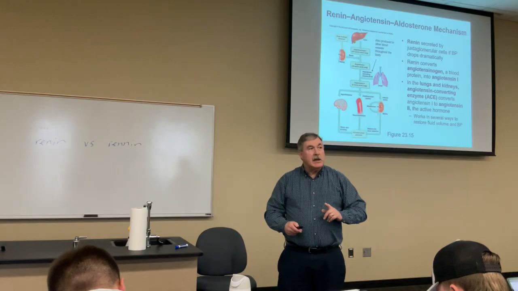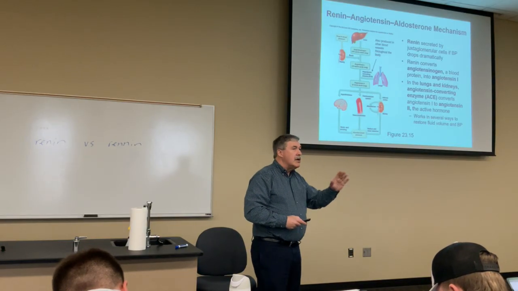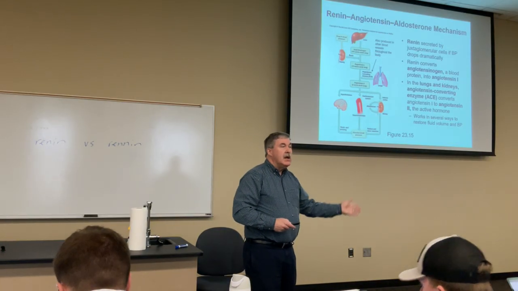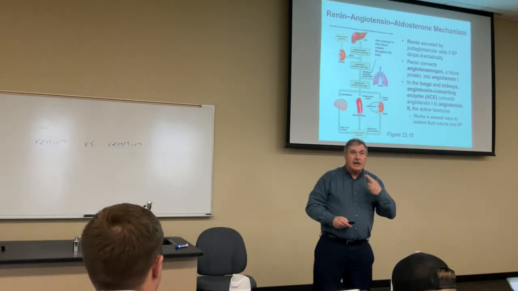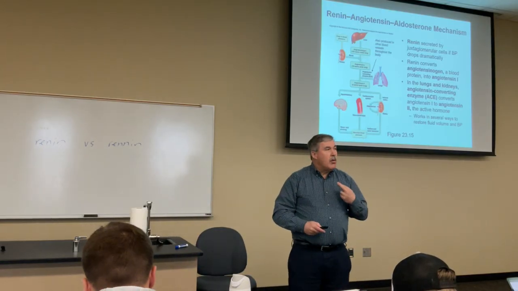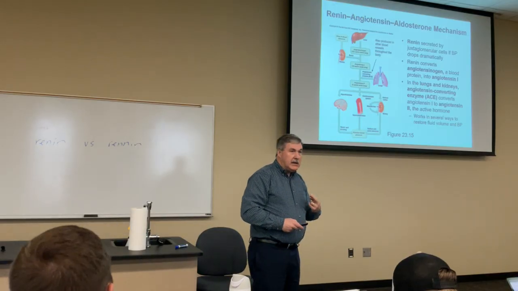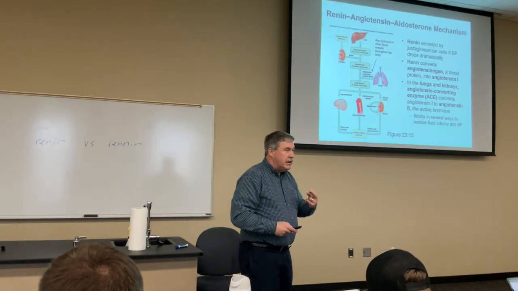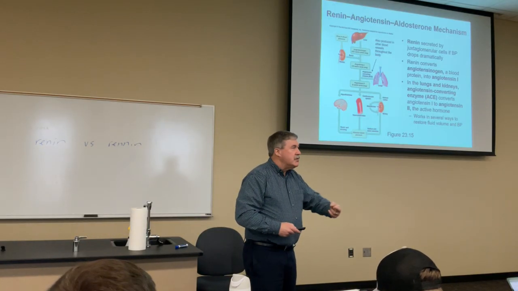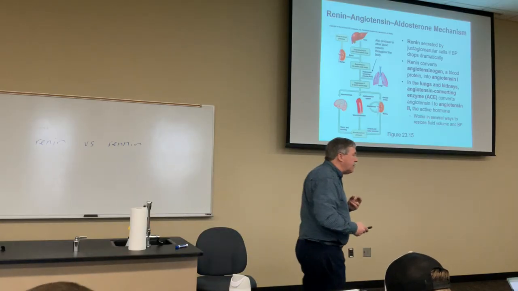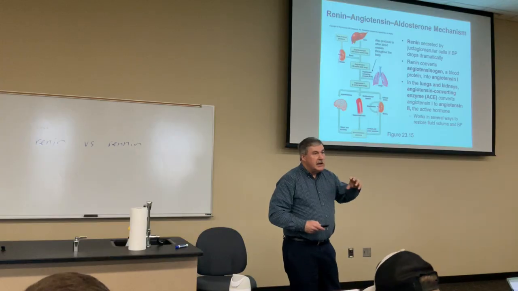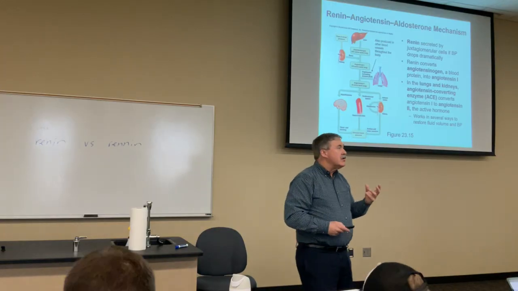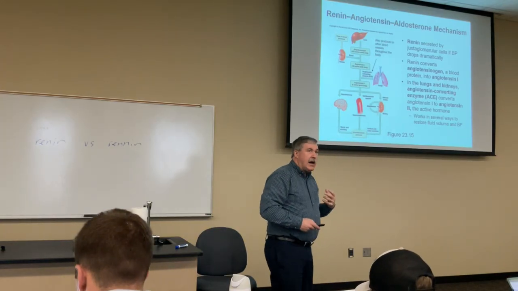The reason it regulates both of those is because water reabsorption and sodium reabsorption are actually very closely tied together. Because the way water is reabsorbed by the kidneys is by reabsorbing sodium. You reabsorb sodium out of the filtrate and into the interstitial fluid. That increases the osmolarity of the interstitial fluid. That draws water out of the tubules.